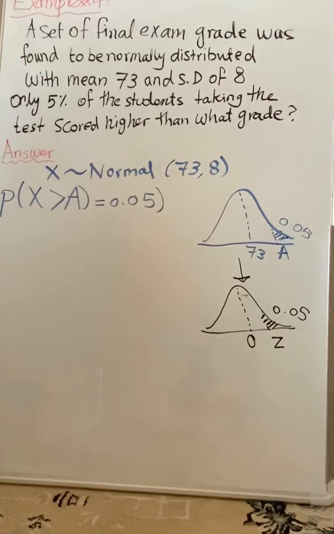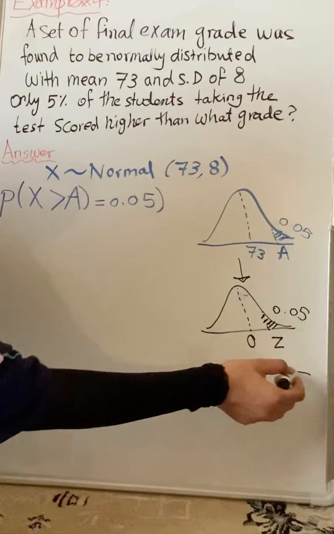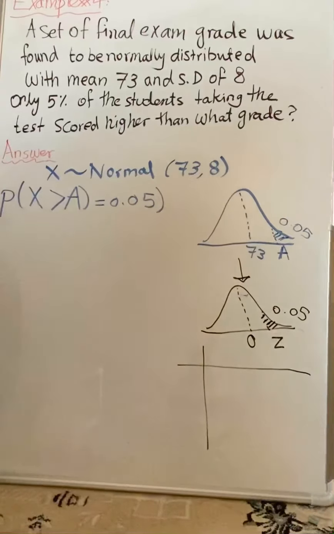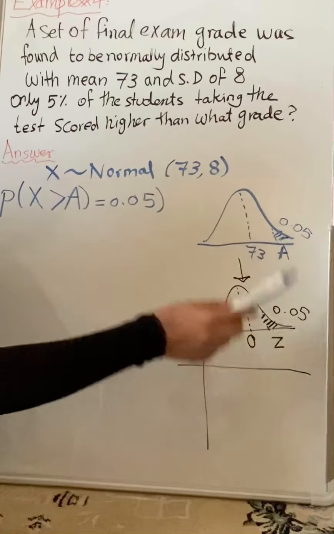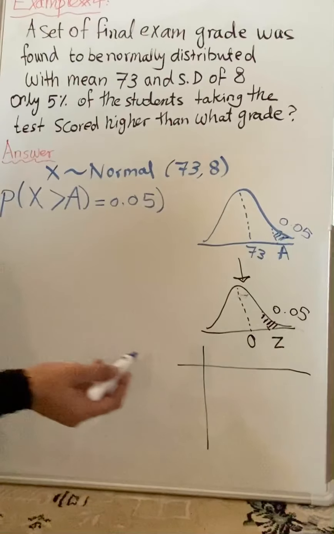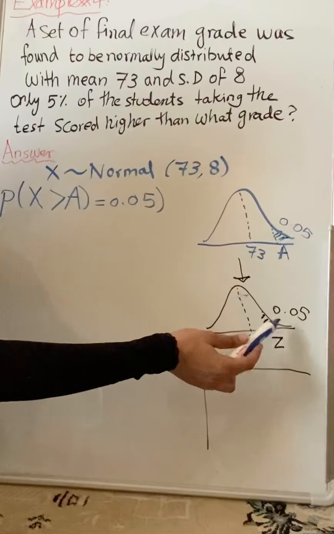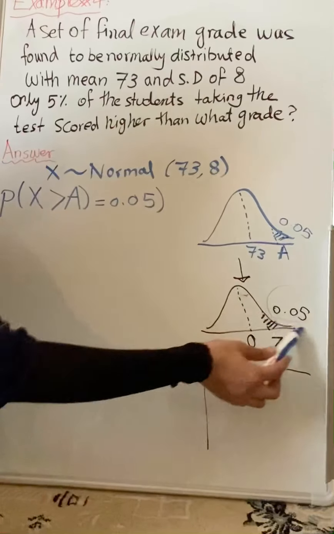Now we know from the normal distribution table, which you have in your blackboard, that the table only gives you the value of probability when your Z lies between 0 and a value of Z. So in that table, we are not going to search for this probability.